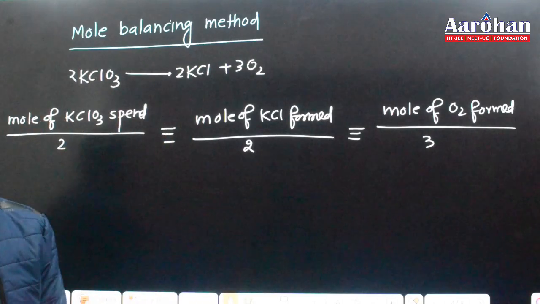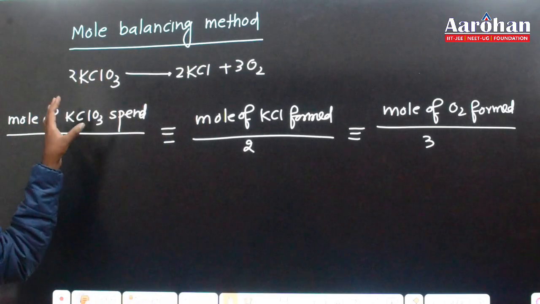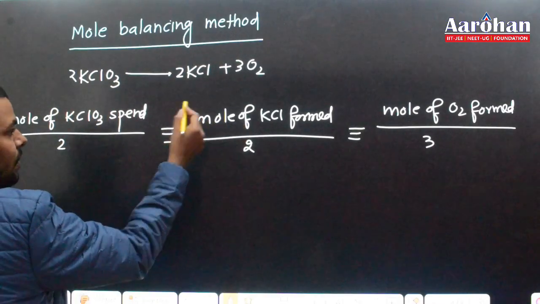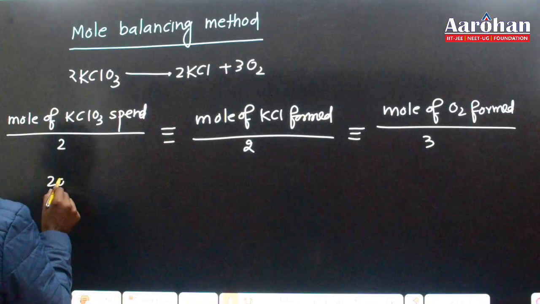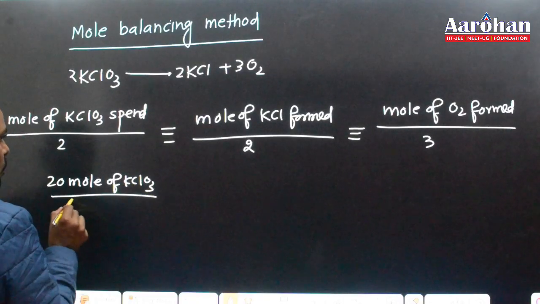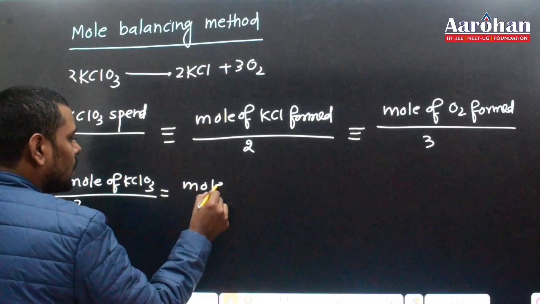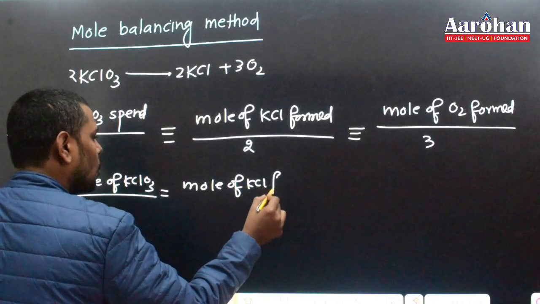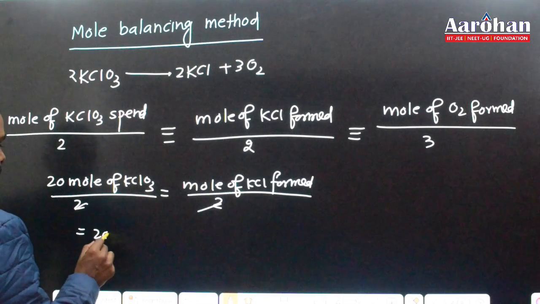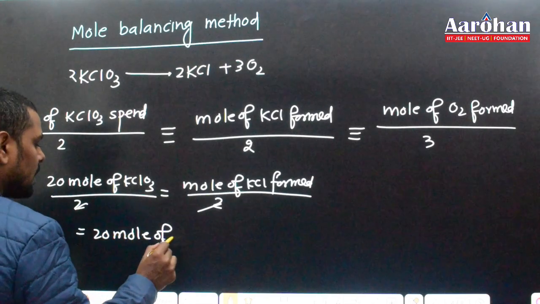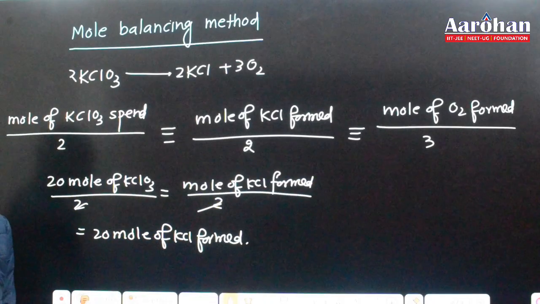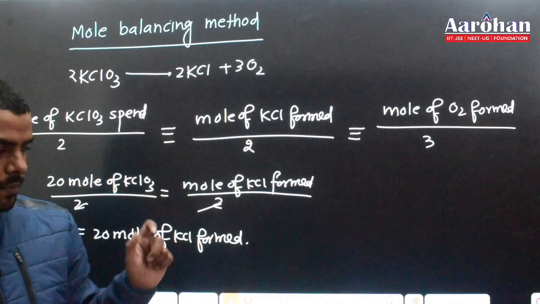This way we can easily find the amount of KClO3 spent and the amount of products formed. Given 20 mole of KClO3, 20 divided by 2 equals moles of KCl formed divided by 2, so 20 mole of KCl is formed. Similarly, the moles of O2 comes out to be 30 moles.